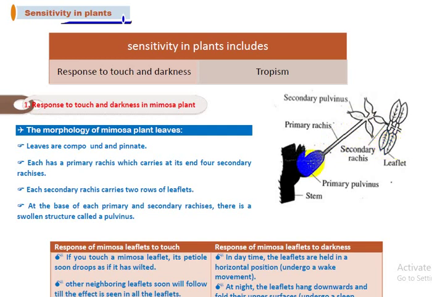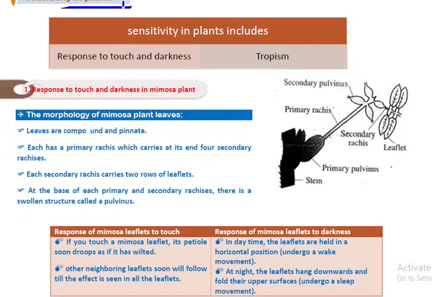So, pulvinus and primary rachis and 4 secondary rachis. Each one of the secondary rachis ends with 2 rows of leaflets. So, the morphology of the mimosa plant's leaves: mimosa is a plant, meaning in Latin the sensitive plant.